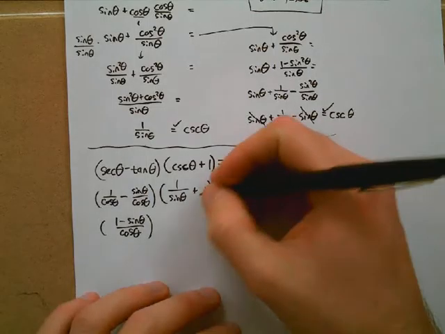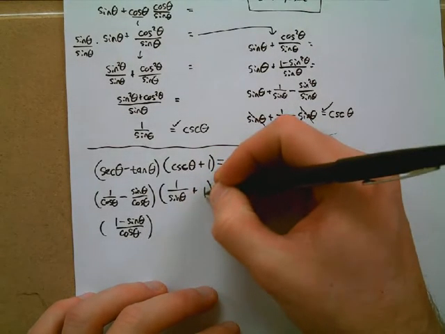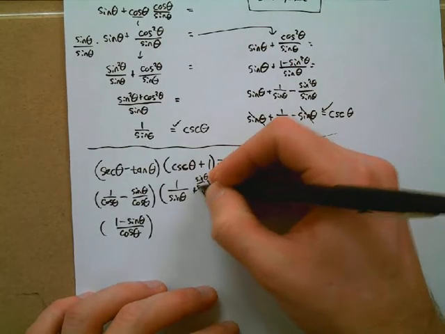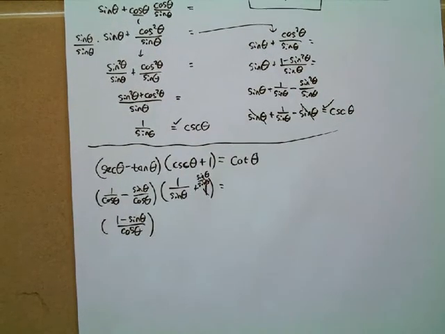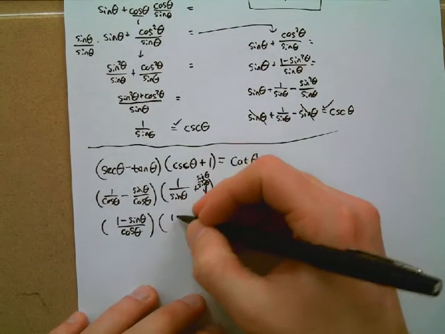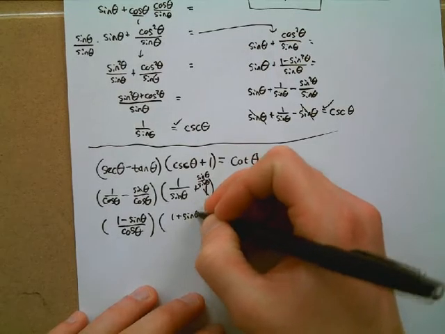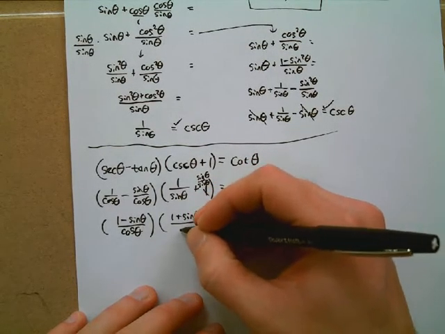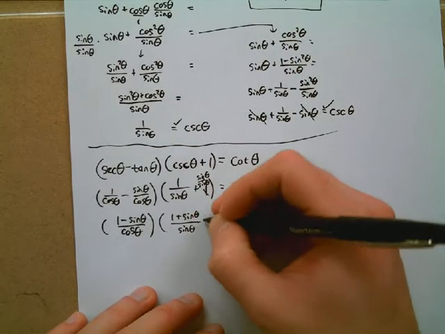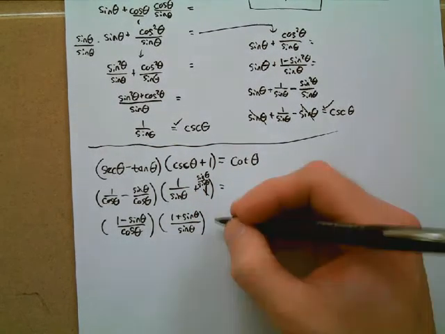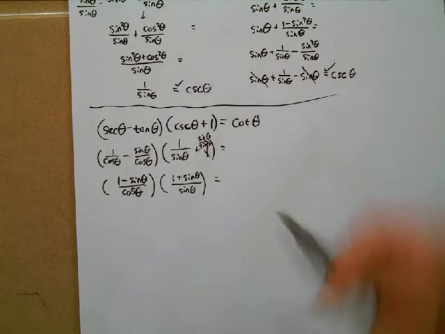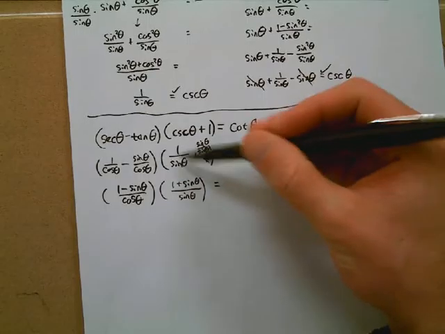So 1 is really just sine theta over sine theta, and then this becomes 1 plus sine theta over sine theta. I just got a common denominator for the second term to change the 1 to sine theta over sine theta. So it's 1 plus sine theta all over sine theta there.